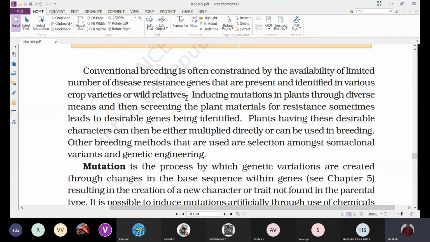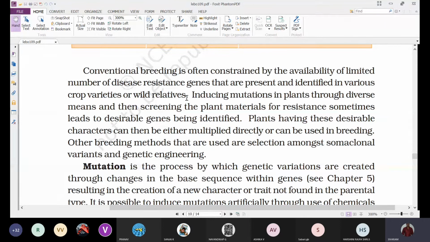So in that case, we have to undergo artificial selection, followed by mutation. After induced mutation, it is followed by artificial selection, and the plants with the desirable characters are selected.